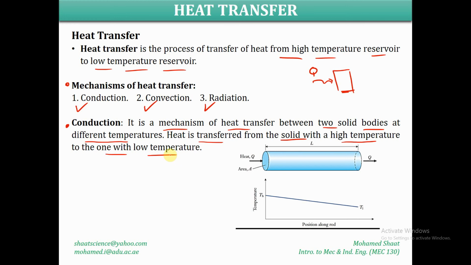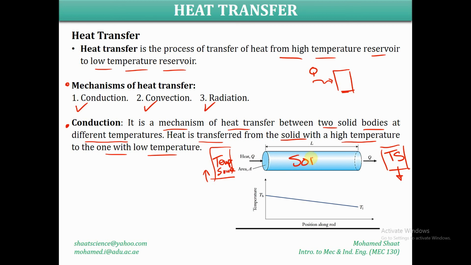The condition is that conduction requires a solid medium to allow for the heat transfer in a certain direction. For example, on this side we have a high temperature source, and over the other side we have another source where the temperature is low. So the heat is going to transfer, and somehow these two sources are connected together by a solid object.